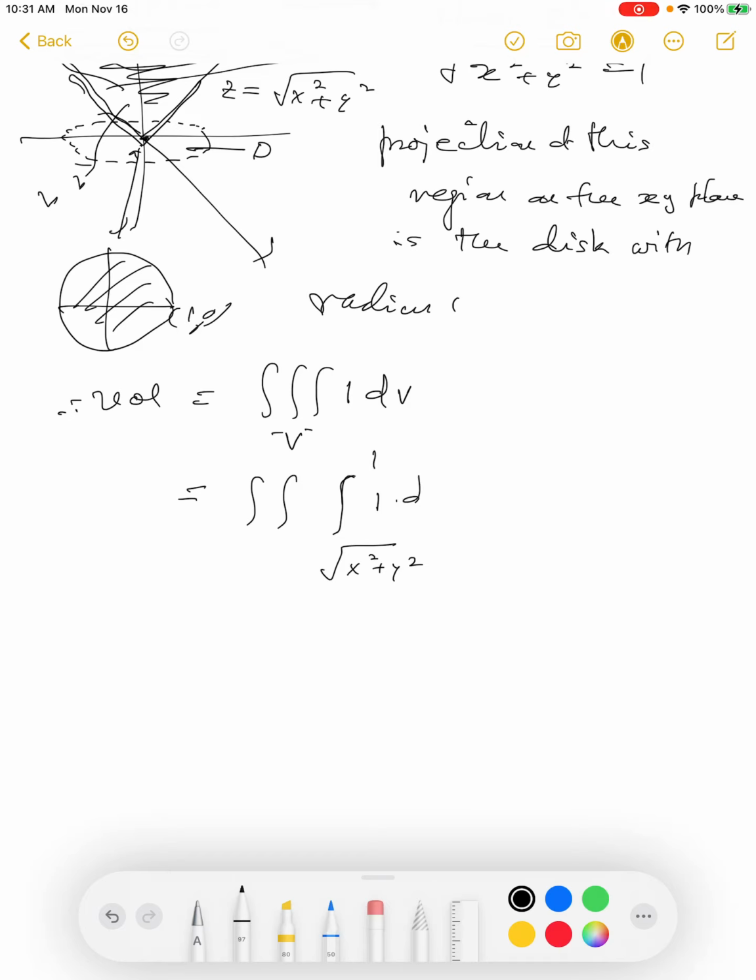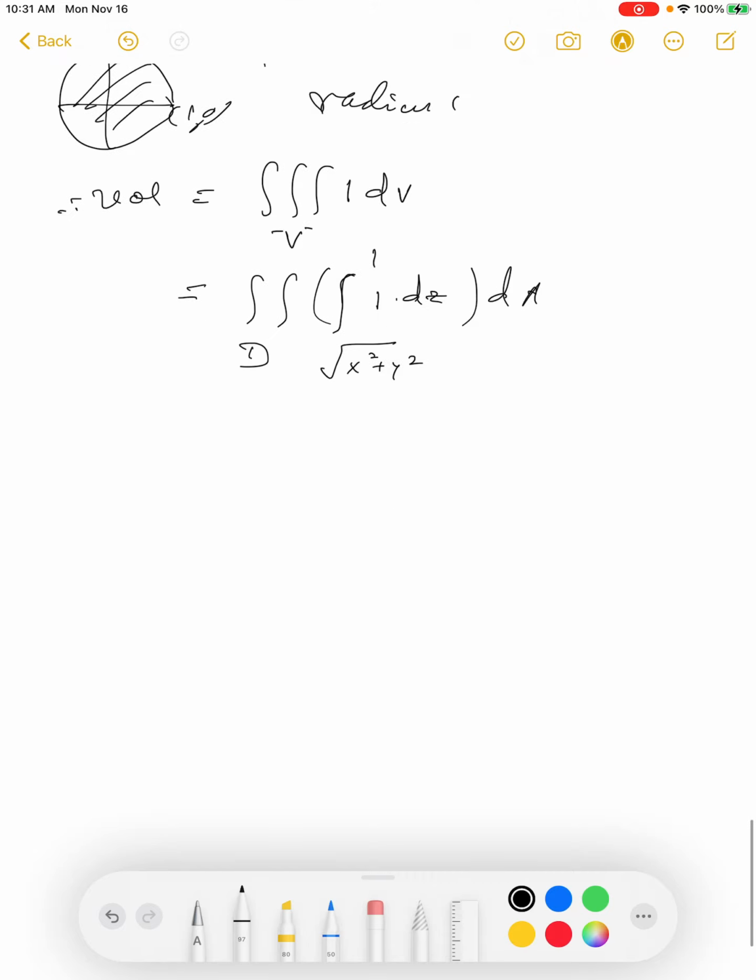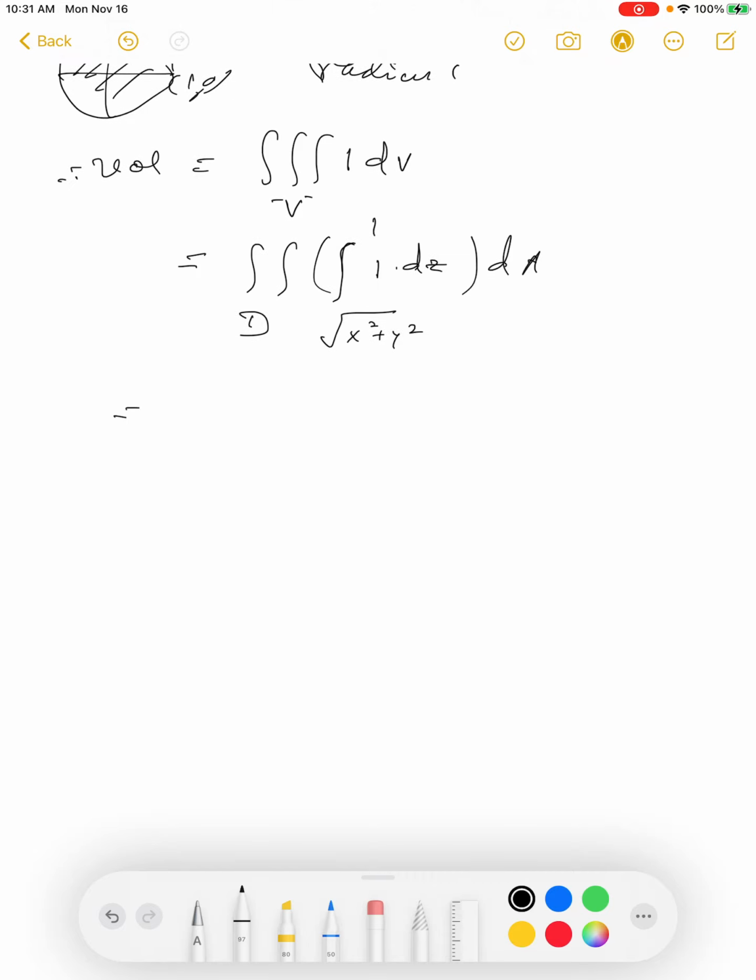The function is 1. Then you get dz, and this you will integrate over the region D as a double integral. Integral of 1 is z, and this z will be evaluated between these two limits, dA over D.